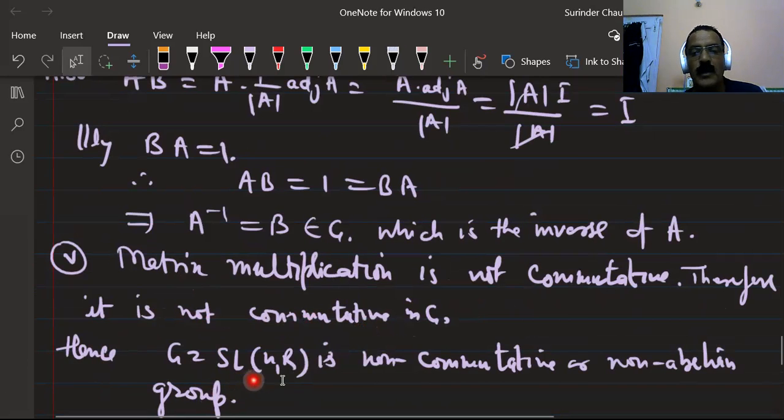So G is a non-abelian group over the set of reals.